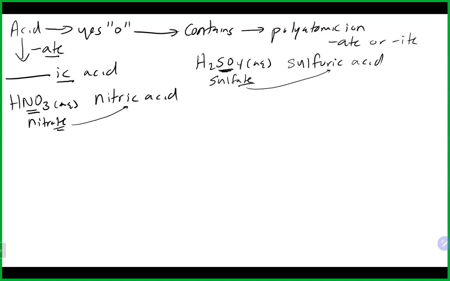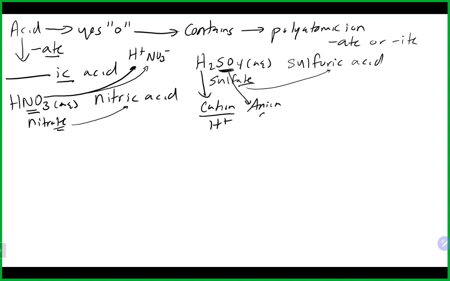By the way, in this case, the cation for this guy is H+. The anion is NO3 minus. For this guy, the cation is H+. The anion in this case is SO4 2 minus. That is why we have how many H pluses there? Two of them to balance it out, right?